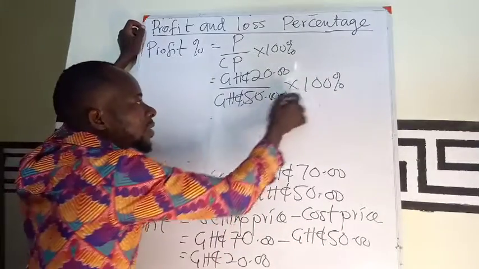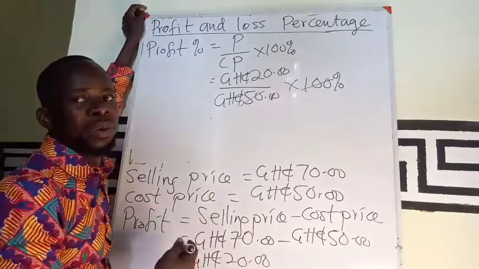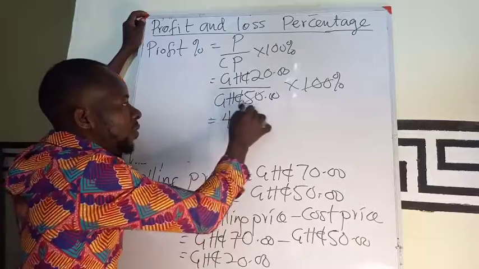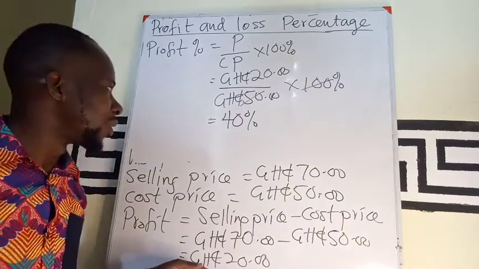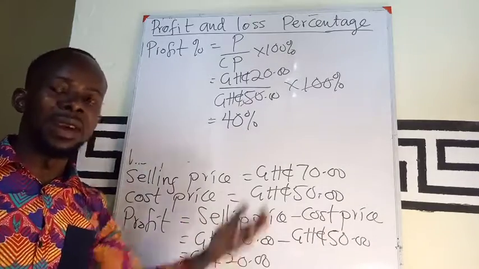Or better still, we can cancel the zeros. 2 multiplied by 20 will give us 40%. So the profit made was 40%. It was a 40% profit.